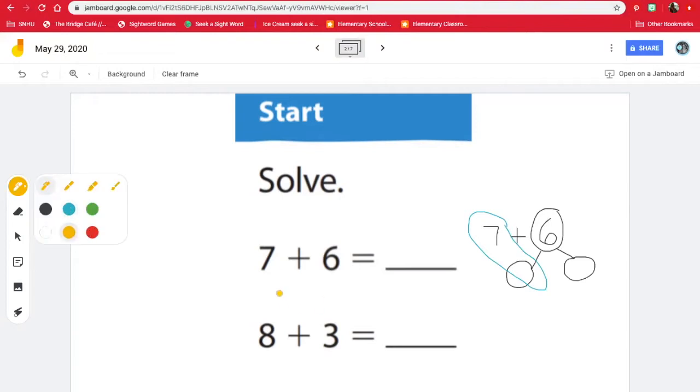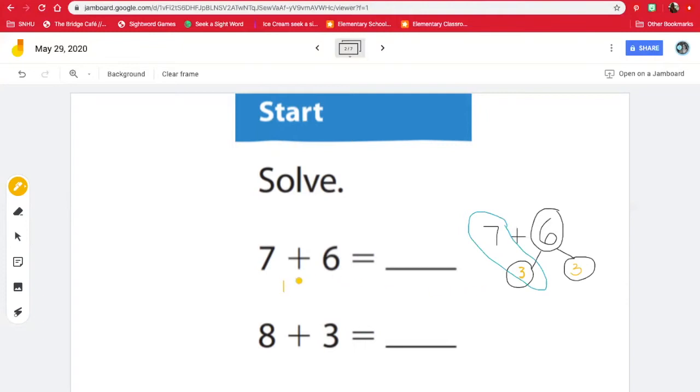Well, 7, 8, 9, 10. If you counted using your fingers like I did, 7, 8, 9, 10, 7 and 3 make 10. And I know that a doubles fact is 3 plus 3 equals 6. So now we have our 10 and we need to add our other 3.